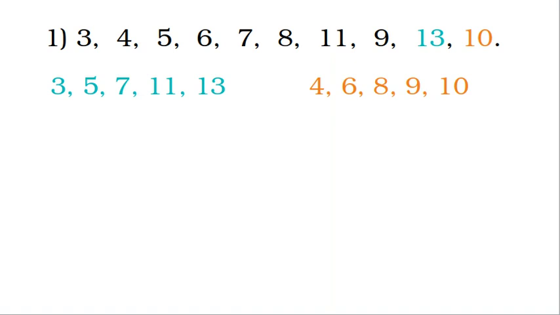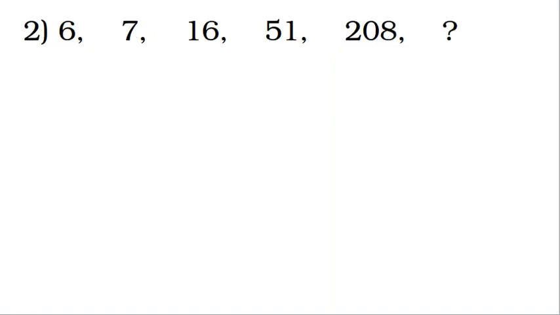Now let us discuss the second question. If you find 2 numbers in a series with a minimum difference, 6 and 7, as the difference between these 2 numbers is 1.